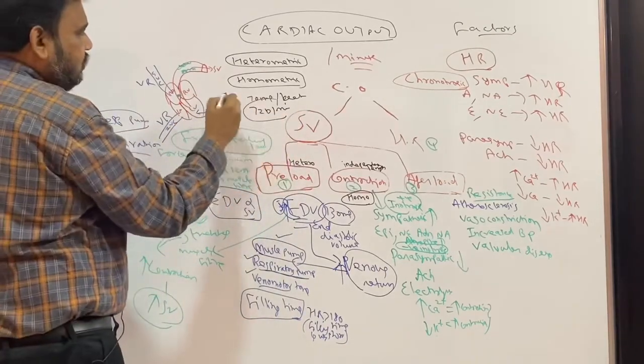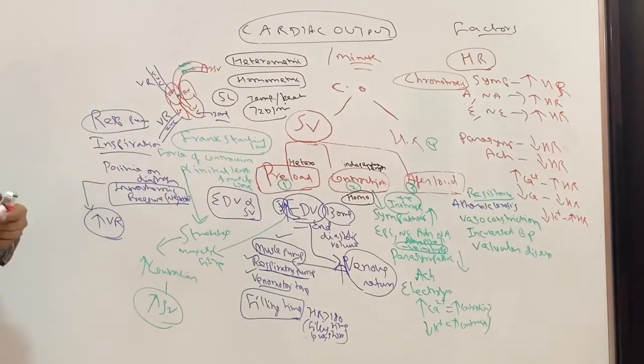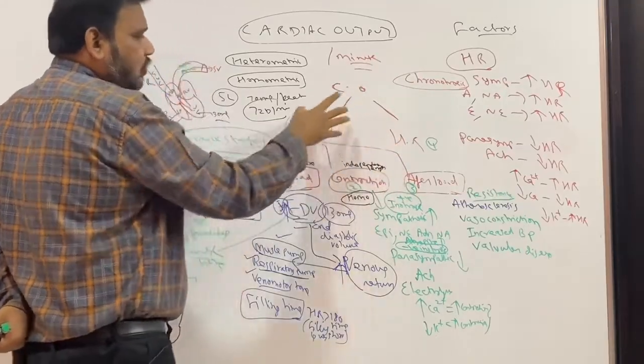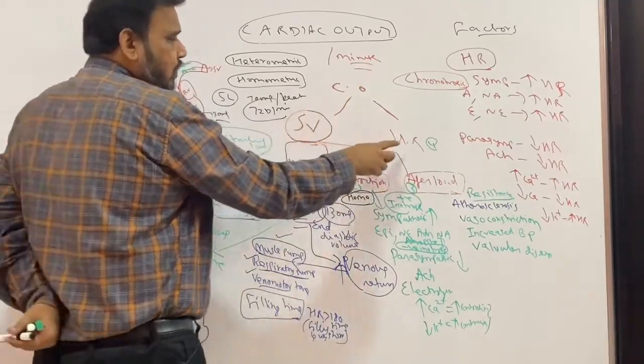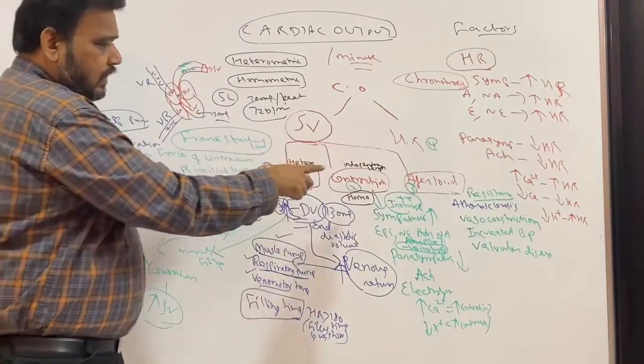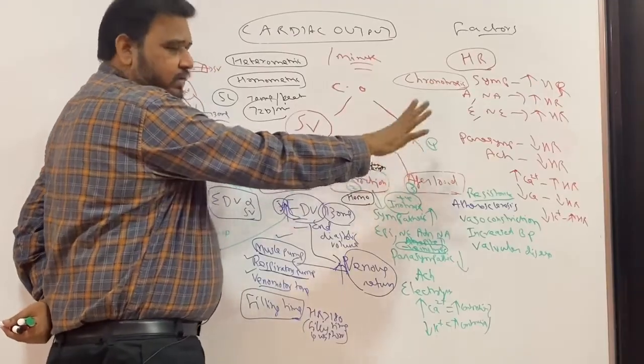So 70 into 72, approximately 5 liters. The factors affecting cardiac output are stroke volume and heart rate, as the formula is cardiac output equals stroke volume into heart rate. So totally 4 factors: for stroke volume you have preload, contraction, afterload, and the 4th factor is heart rate.